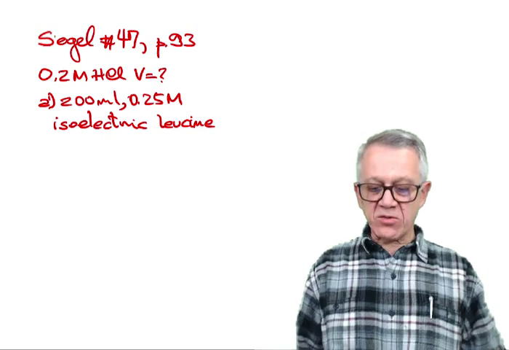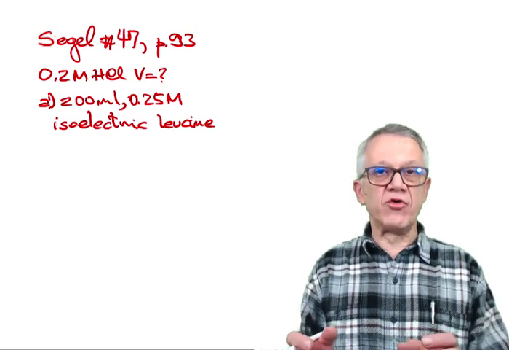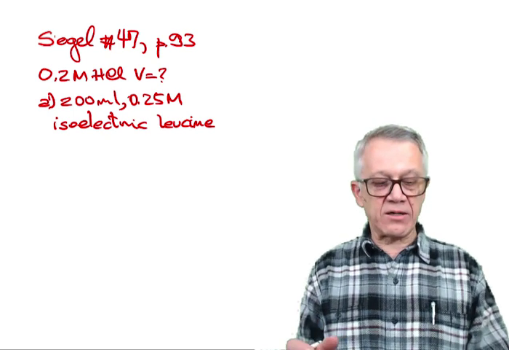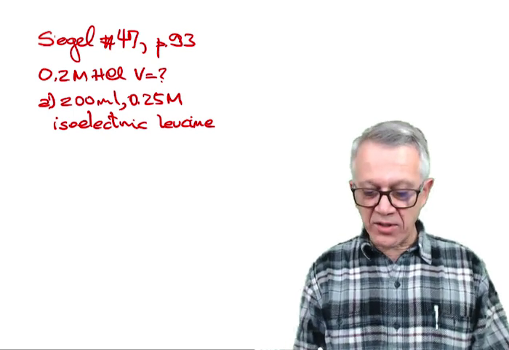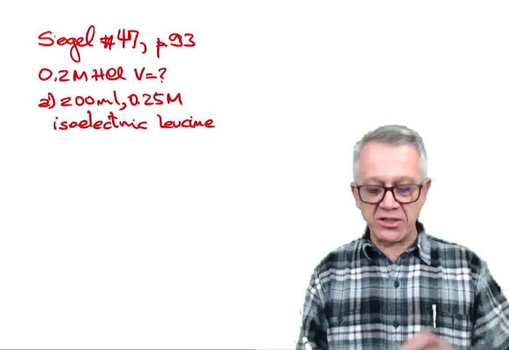The first thing we have to do in a situation like that is to write the exact form so that we can think more clearly. Isoelectric lysine is the form that has a plus and a minus, so the charge is 0.